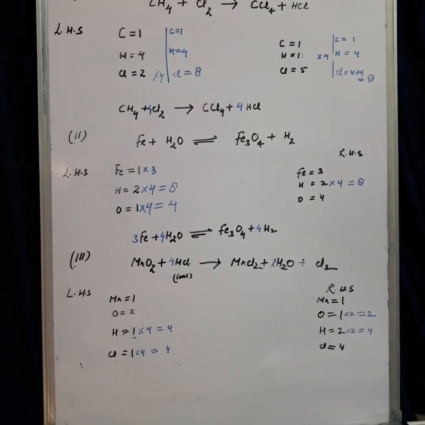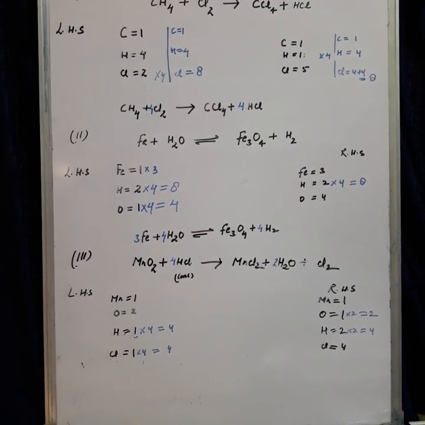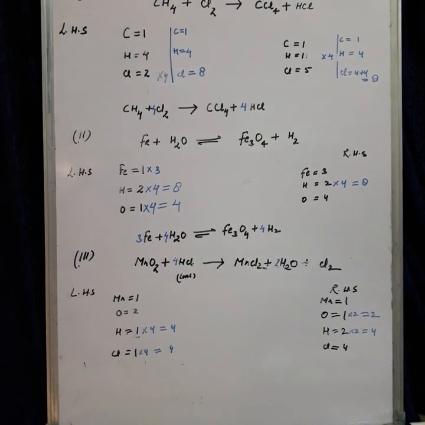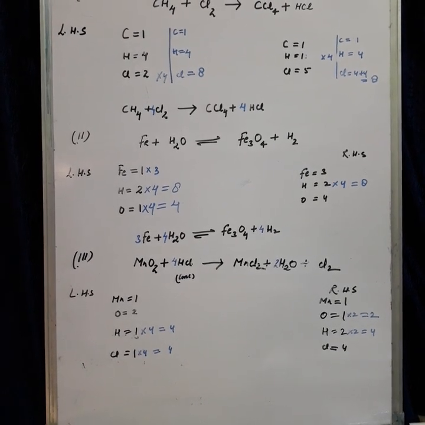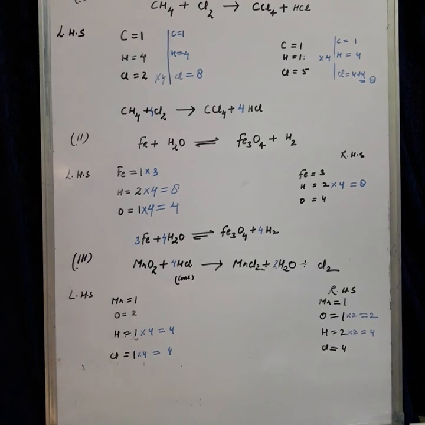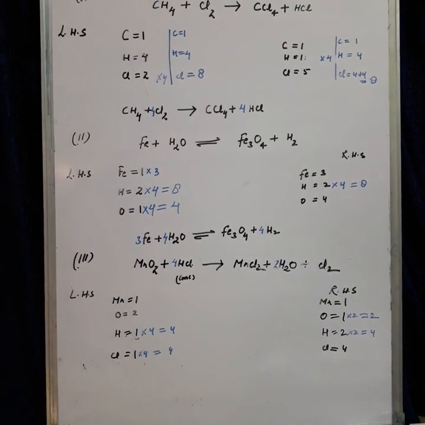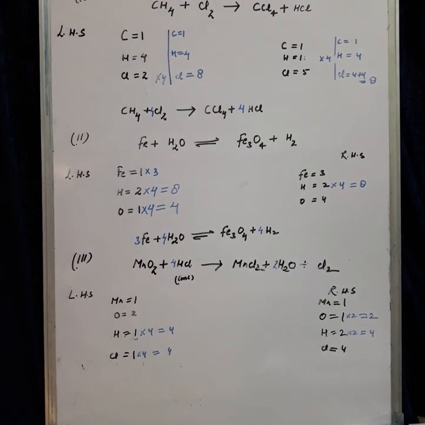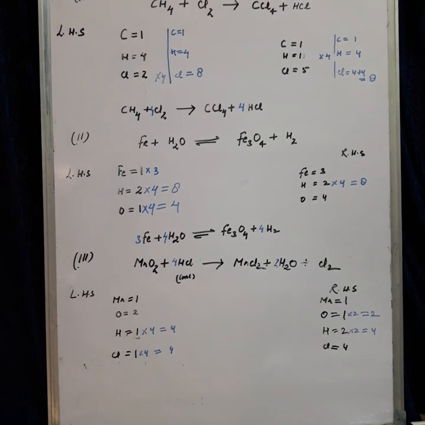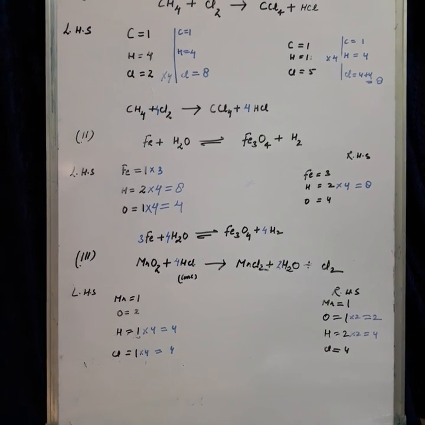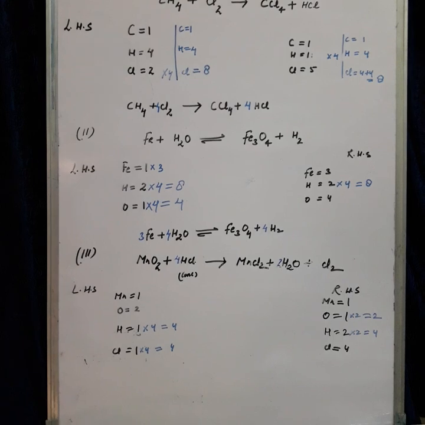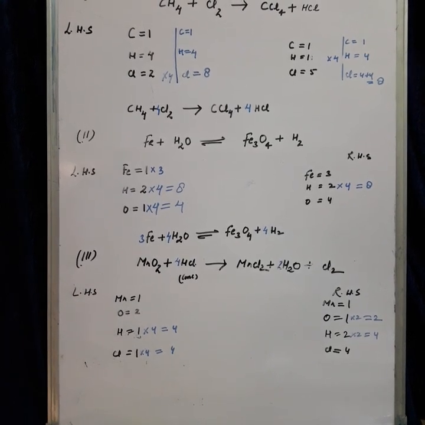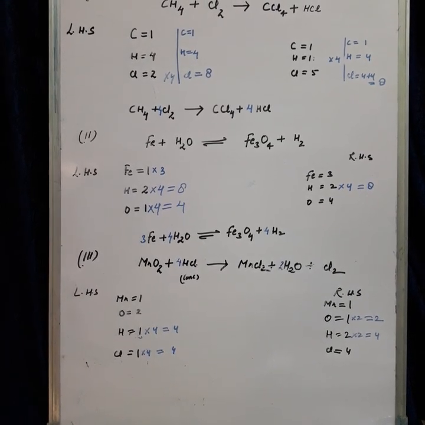But when we place 4 before water, we will increase the number of hydrogen also. Now the number of hydrogen on the left hand side is 8, whereas on the right hand side it is only 2. So now what do we have to do? We have to balance hydrogen by placing 4 before hydrogen.